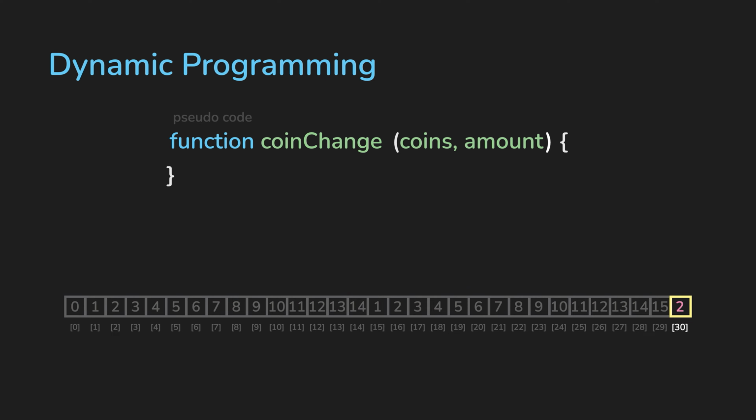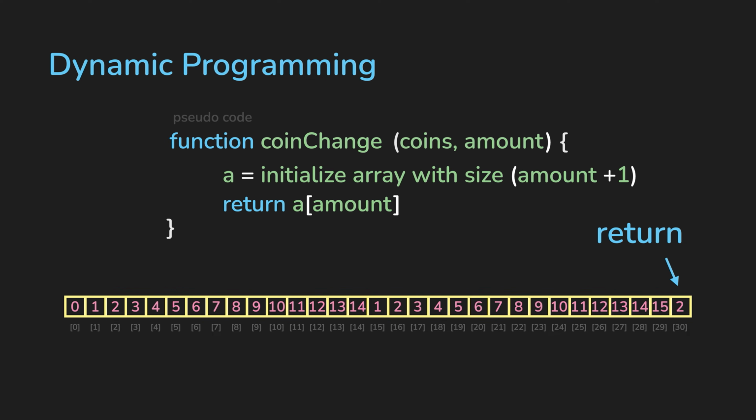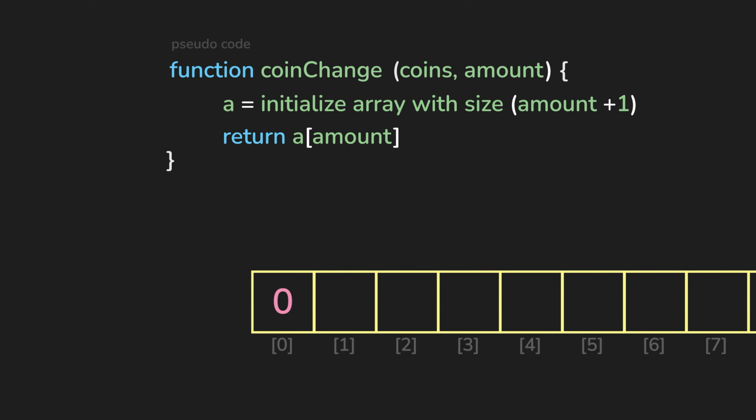Then we will return the value for 30. So we will create an array with a size of amount plus 1 and call it A. And after we find the value for the last index, we will return it. Let's start filling up the array from the beginning. The amount 0 should always return 0 because we don't need any coins to make 0 cents, so we set A of 0 to 0.